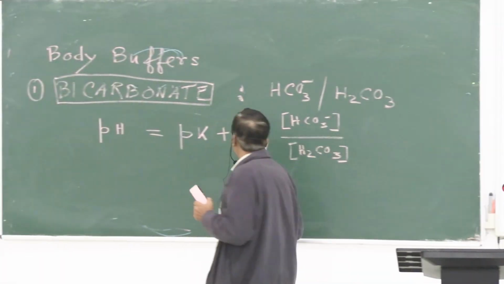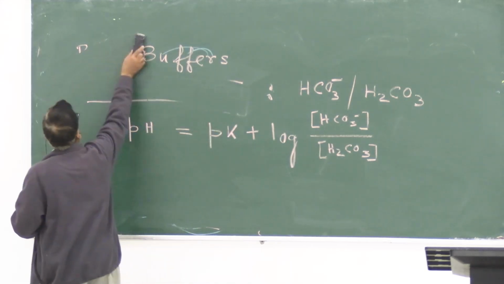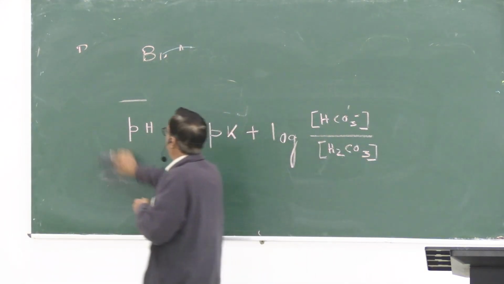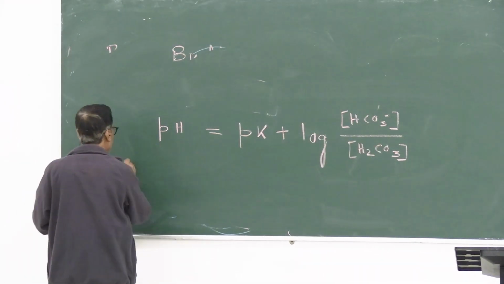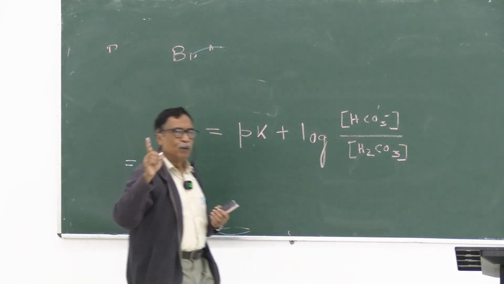Now, in this equation, pK is a constant for each buffer.